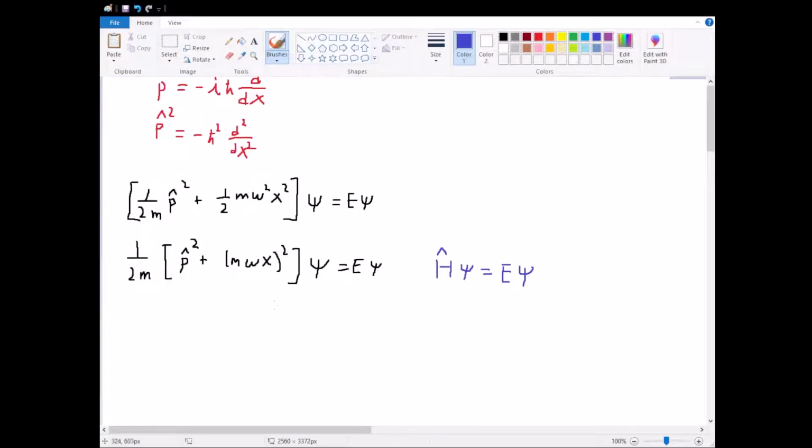So if we link these two together, this implies that H hat is therefore equal to 1 over 2m times p hat squared plus m omega x squared. So now we have a Hamiltonian operator for our simple harmonic oscillator system in quantum mechanics.